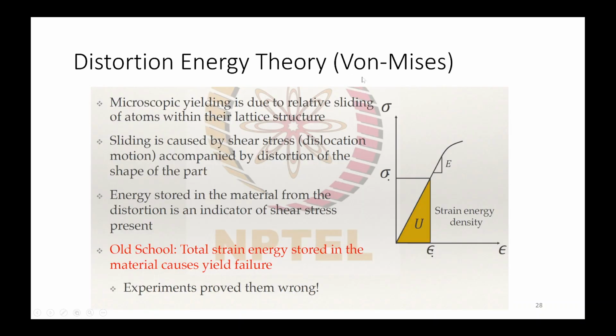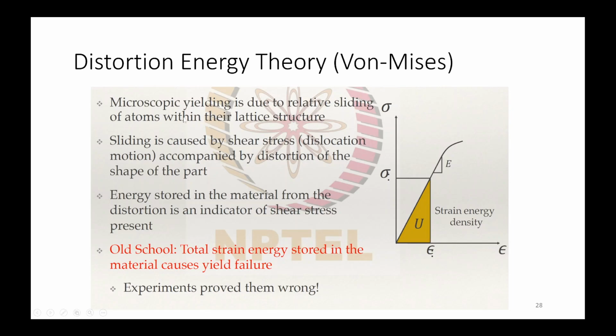Now the first is the von Mises distortion energy theory. In this case, the strain energy up to the yield point is considered to decide whether the material is failing or not. Microscopic yielding is due to relative sliding of atoms within their lattice structures.